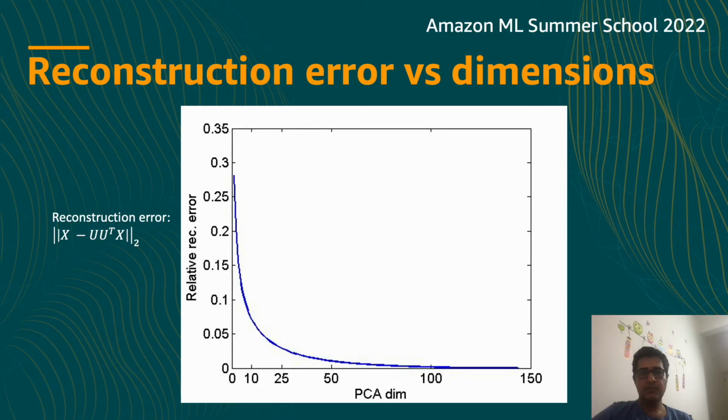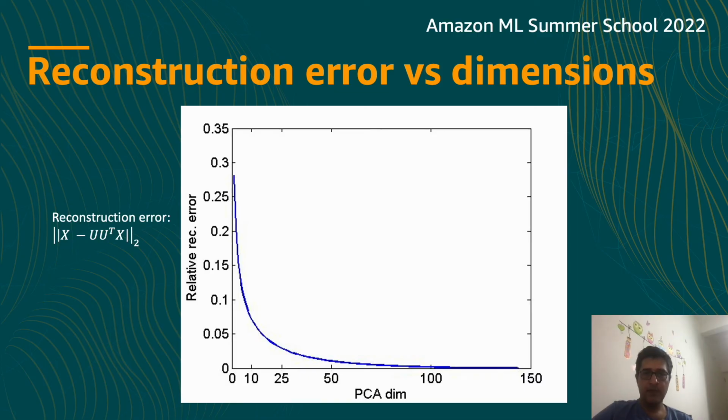Then as your PCA dimensions increase, once you go beyond 100, of course you have zero loss as such. But it is quite interesting that even with only a few dimensions, which is 10, you are able to reconstruct this image quite well.